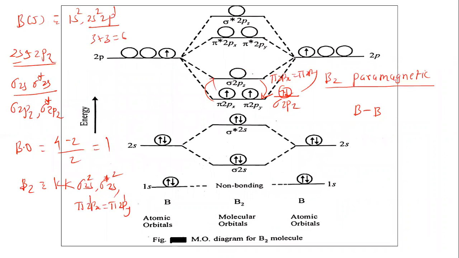So this is the very important change in the case of the B2, C2 and N2 molecules, and whatever the properties of these three molecules can be correctly explained on the basis of this MO diagram. So in this lecture we have discussed the formation of molecular orbitals in boron, carbon and nitrogen molecules.